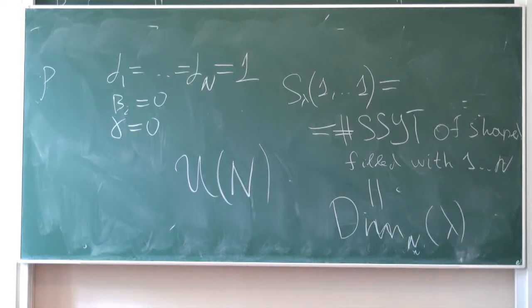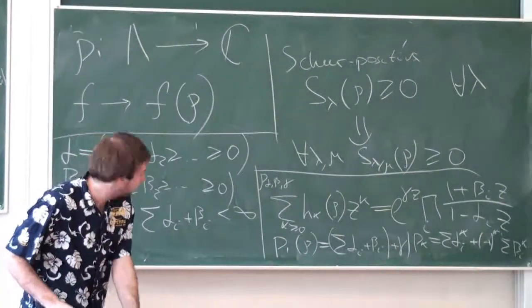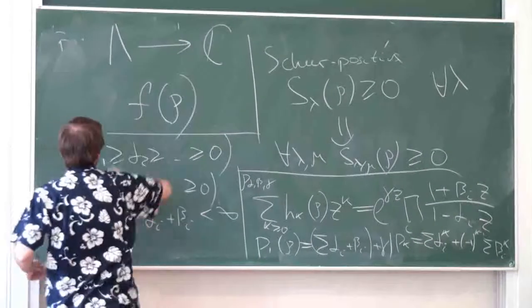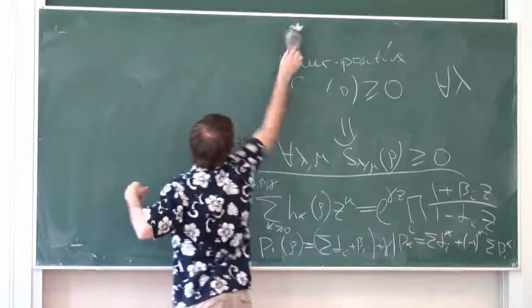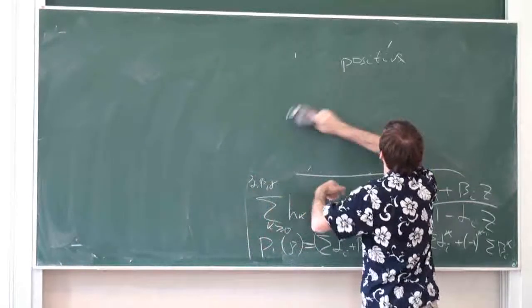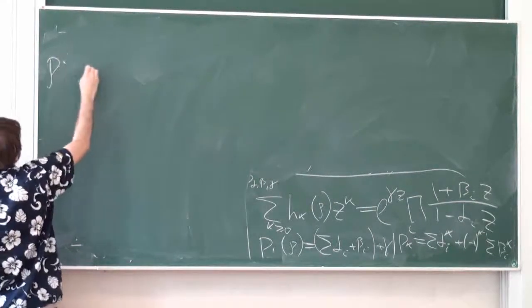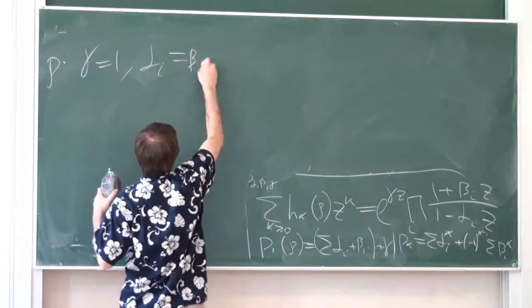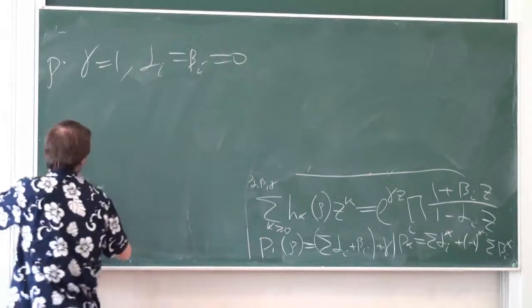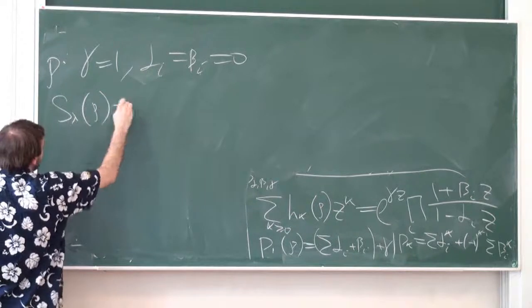Now the second fact is, it turns out that if you consider specialization in gamma, then it's again related to representation theory. So let me state it. If you now consider rho such that gamma is equal to 1 and all alphas and betas are 0, then S lambda of rho is some number.